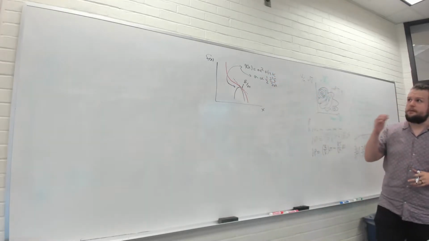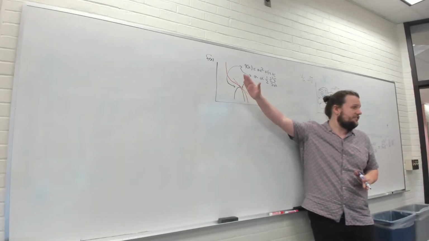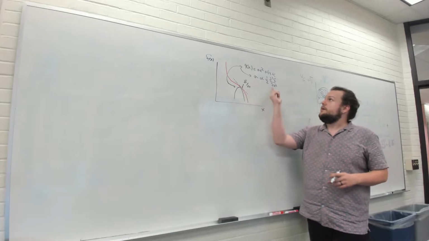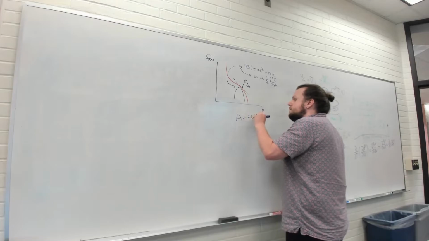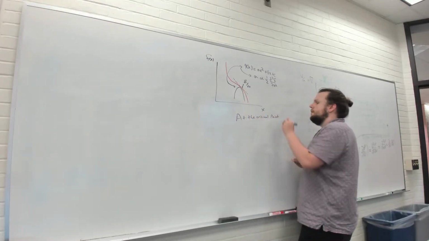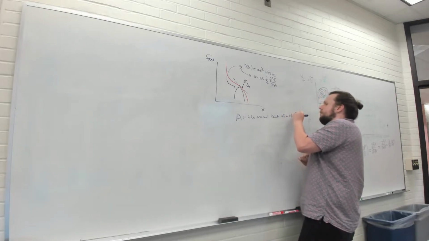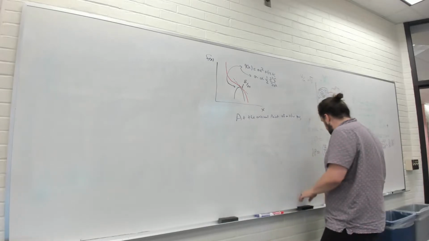Right? So it tells you not only how fast the function is changing, but how fast the change is changing. So for instance, at the critical point of a van der Waals gas, you have a function that looks like this.